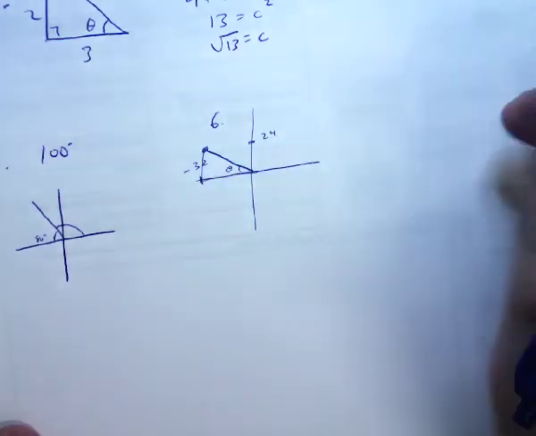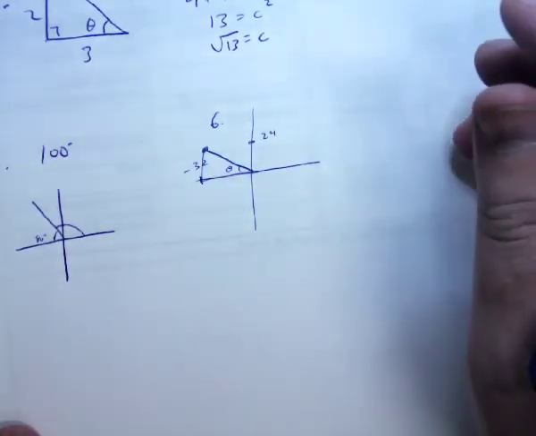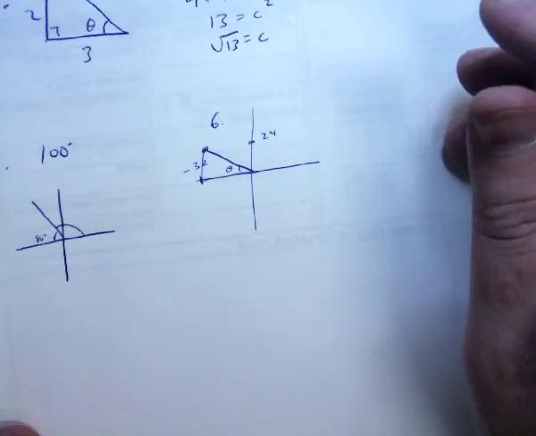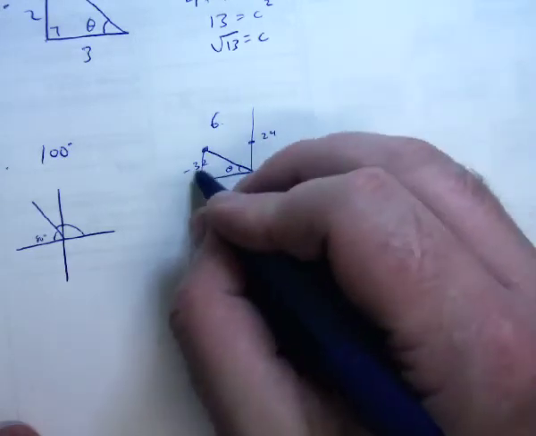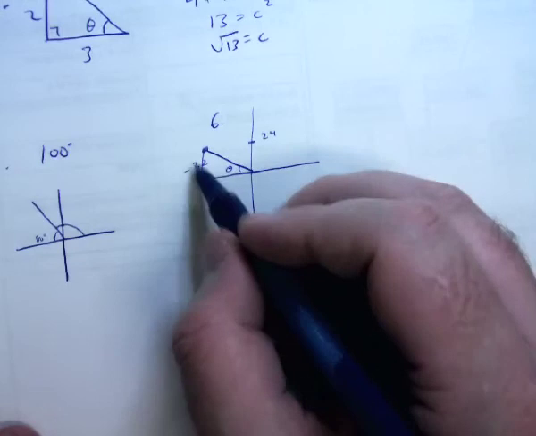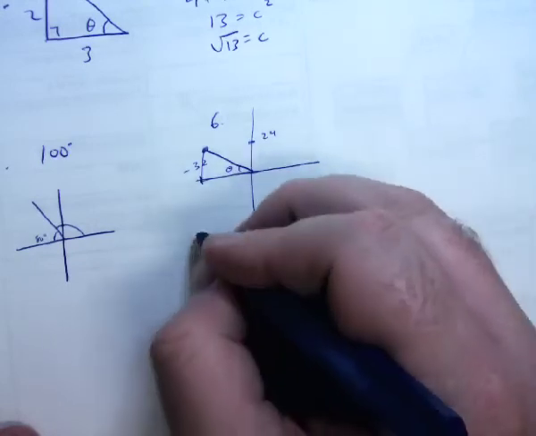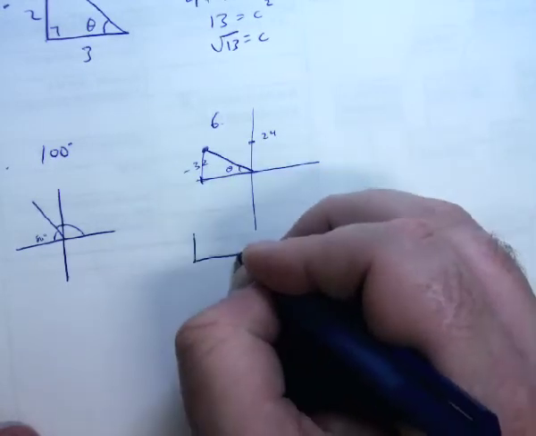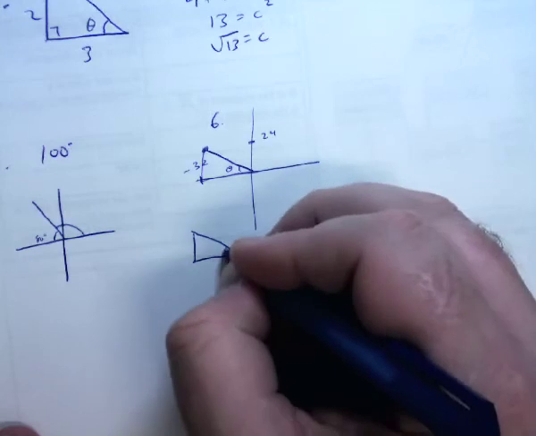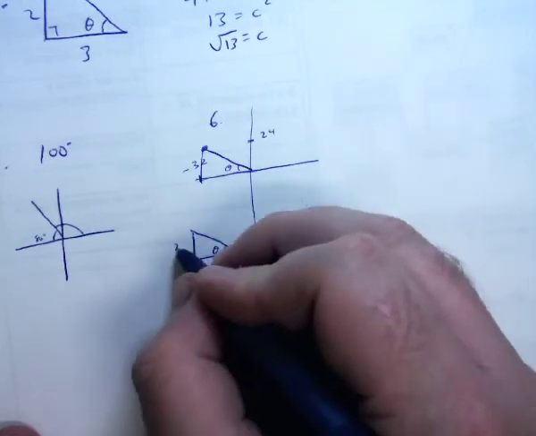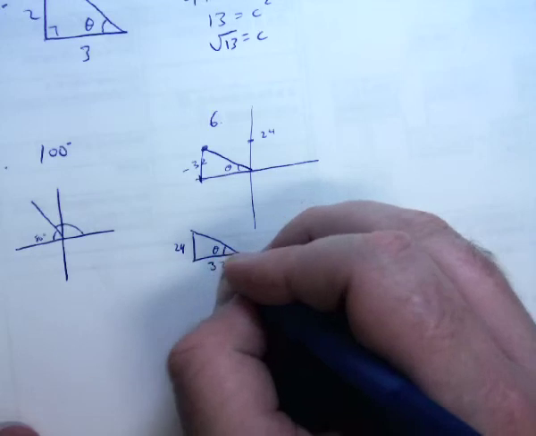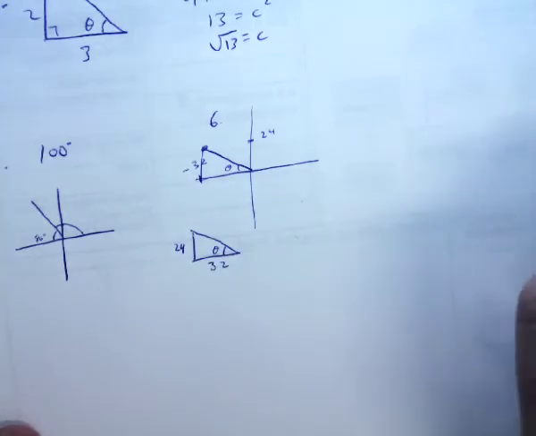Always with the x-axis, if you recall. This 32 looks a little bit weird. Let me go ahead and redraw my triangle. So it's actually 24 high, 32 like this, but the 32 is negative.